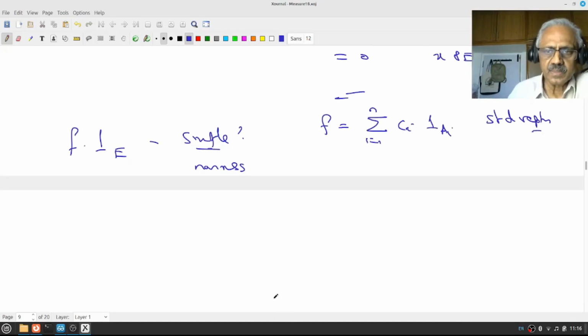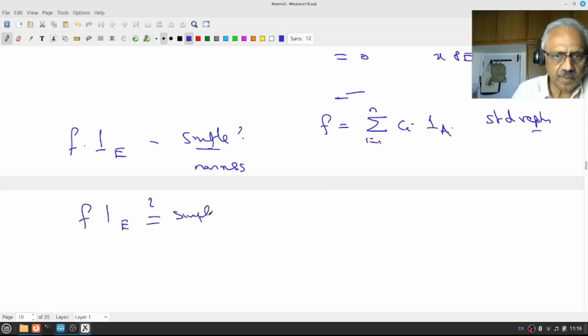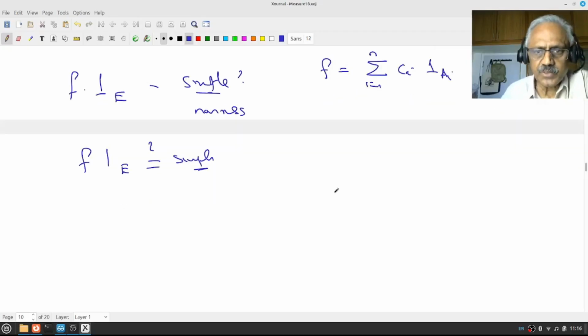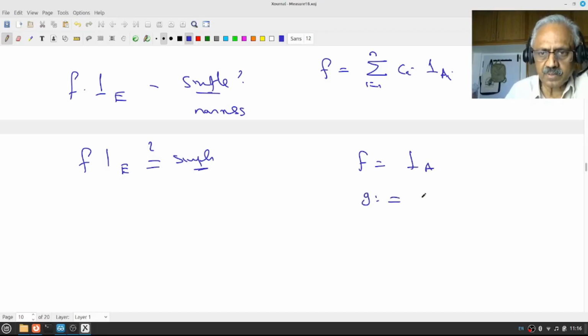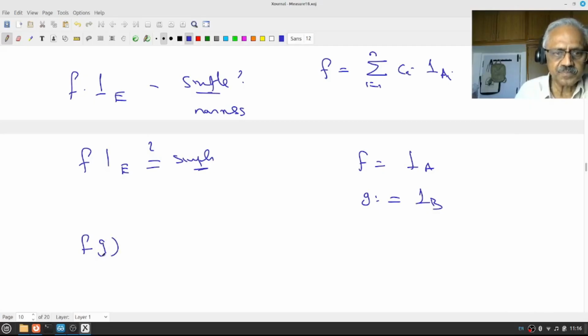So I want to know, is it simple? Before doing that, let us look at two things. Suppose one function is the indicator function of A, another is the indicator function of B. I want to know what is f times g.